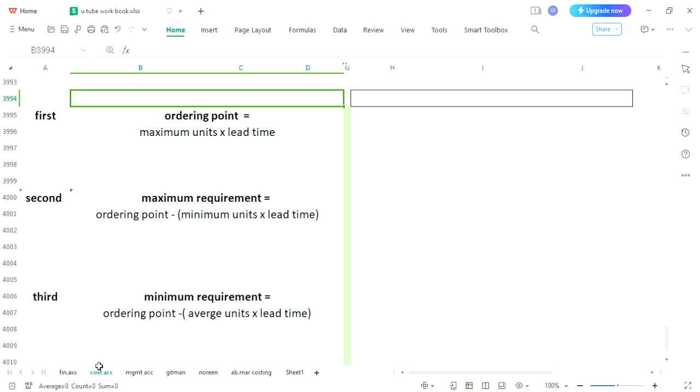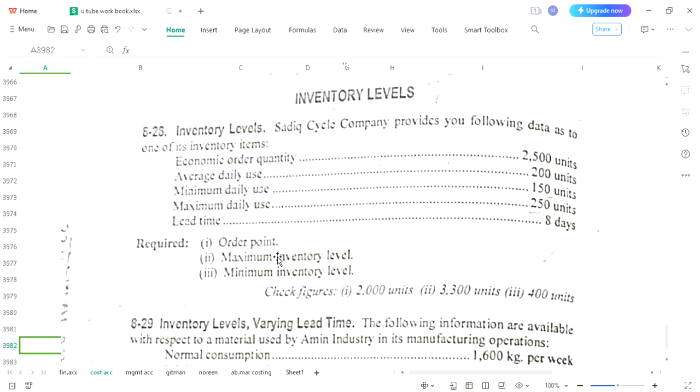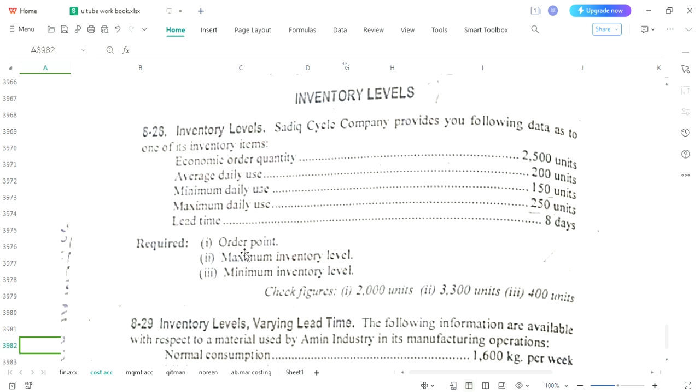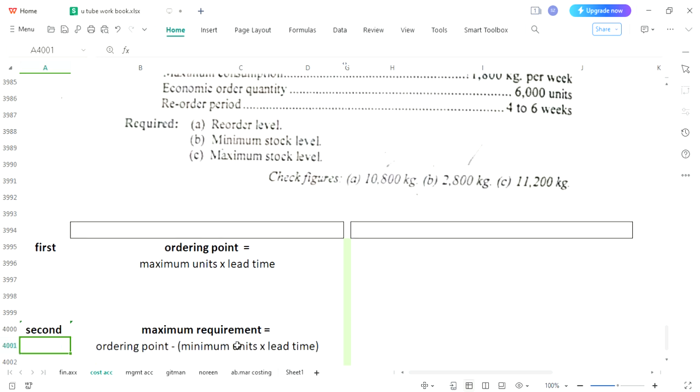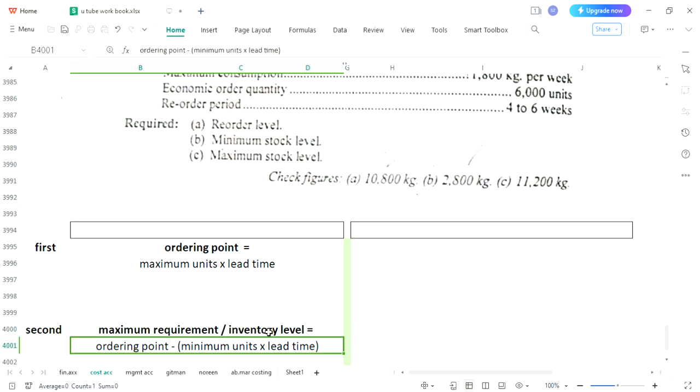Now let's go back to the question. Here you can see our requirements. Most importantly, the first point is the ordering point, which we have already written. Secondly, the maximum inventory level. This is your second, the maximum requirement, also called the inventory level, so I will write down the substitute words as well.